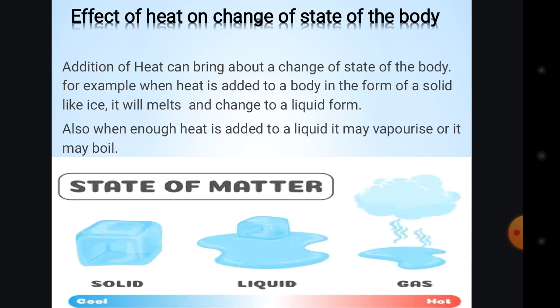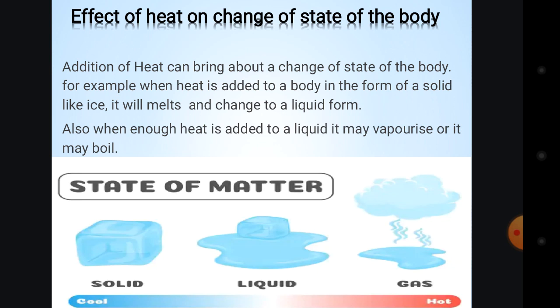If you look at this diagram here, it is an example of ice. When we put water in a fridge, it will become ice, and that ice is in solid form.